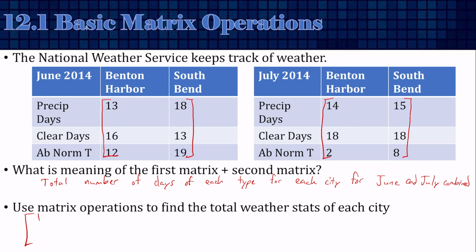So I'll have the 13, 18, 16, 13, 12, 19. So that's the first one. That's June. I'm going to add the July.